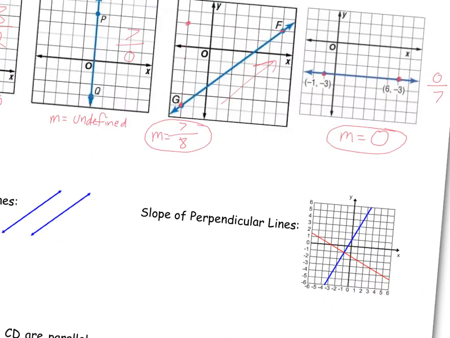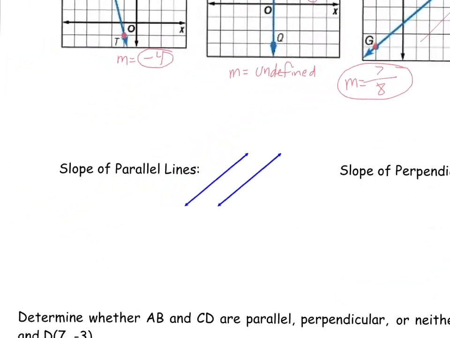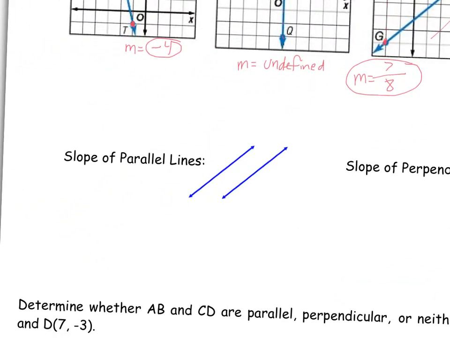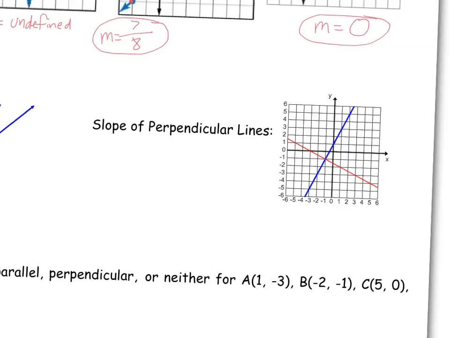Okay. Now, what's special about the slope of parallel lines? The thing that's special here is parallel lines have the same slope. Whatever that slope is, they are equal.